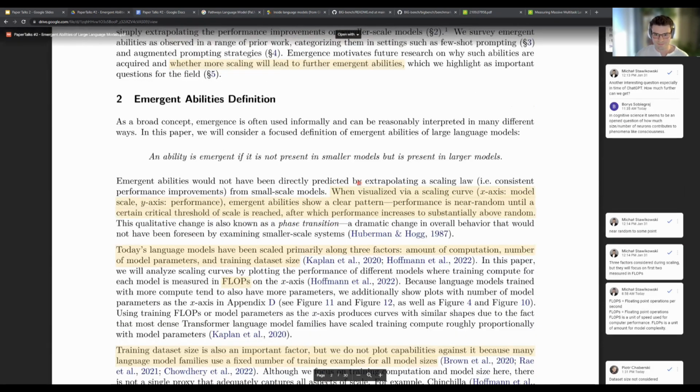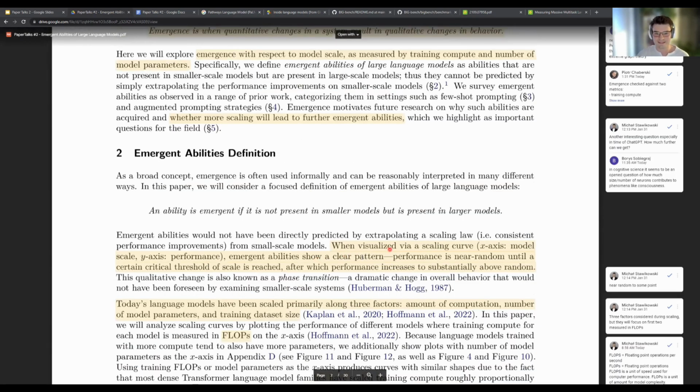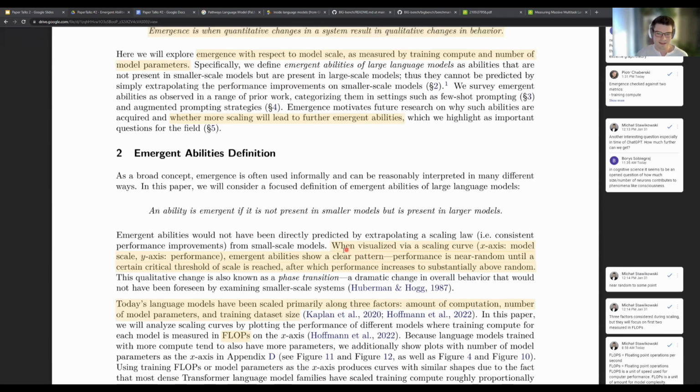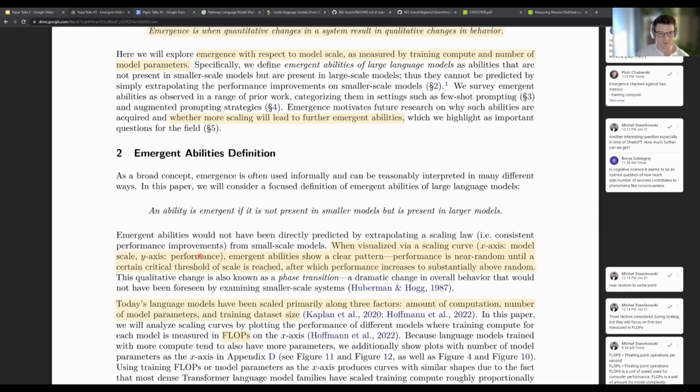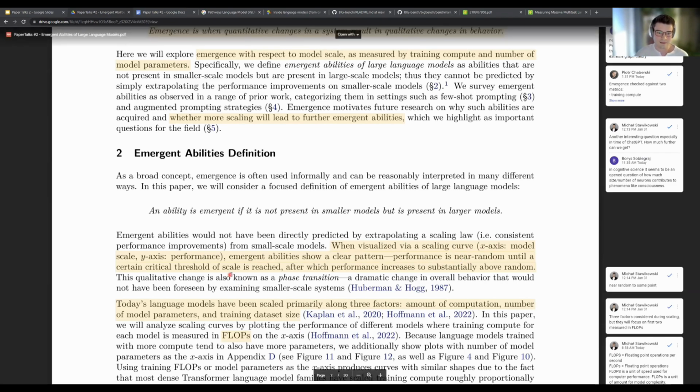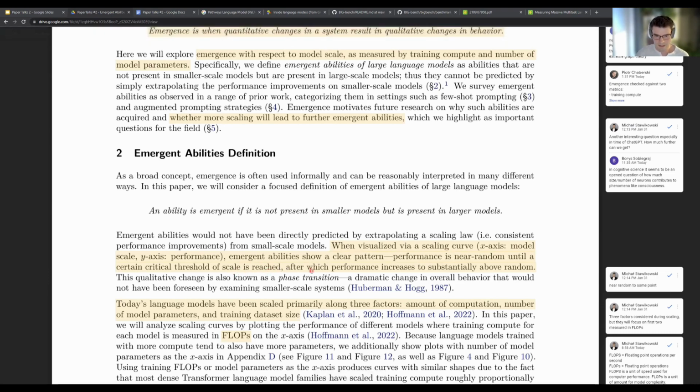Okay, so going further into the more detailed description, here we can see that when visualized via a scaling curve, x-axis model scale, y-axis performance, the plot that I showed you in the introduction, emergent abilities show a clear pattern. Performance is near random until a certain critical threshold. So these models have no ability to solve this task, and after some threshold is reached, performance increases to substantially above random.